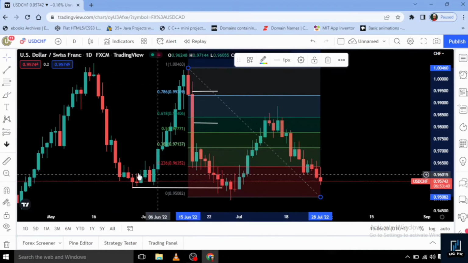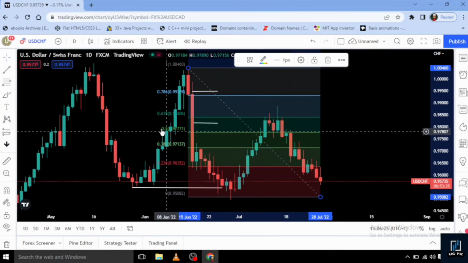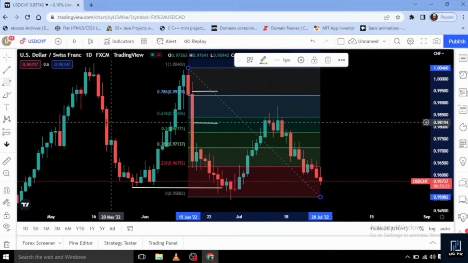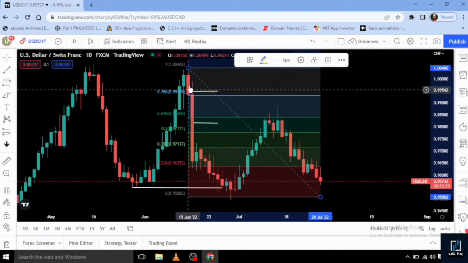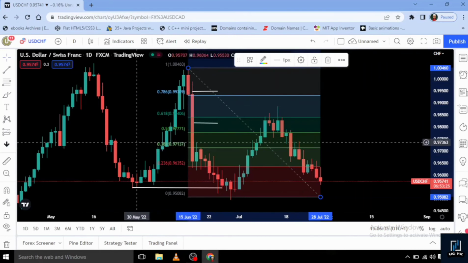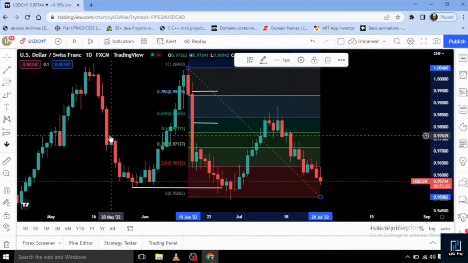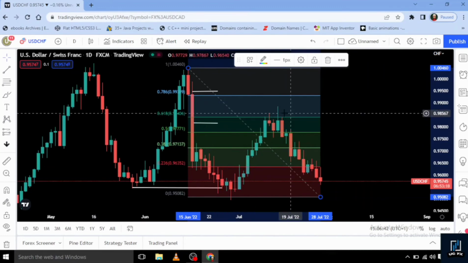Looking at this area, you will see we have an imbalance here as well, but price mitigated or tested the imbalance and kept moving upwards. So not all imbalances work to reverse from the area, just like price did reverse from here.